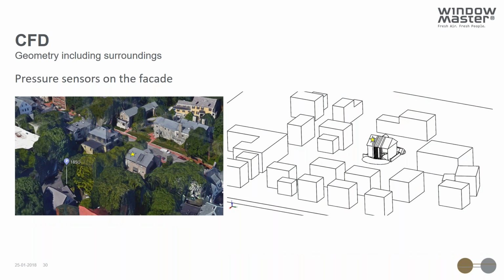Here we can see the comparison of the first state of the external CFD model, where the trees are not highly considered. It's more the surrounding buildings, but later we will make some more accurate or detailed simulation models. This was what I was talking about in the beginning, that it's an experimental building, so we will have pressure sensors on the facade of the building to compare with the results that I'm going to show next.